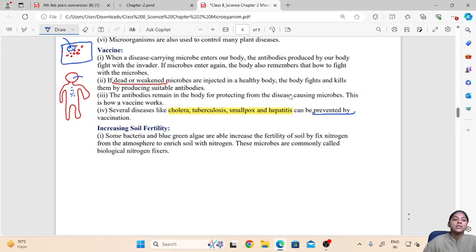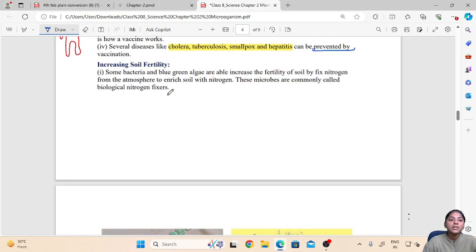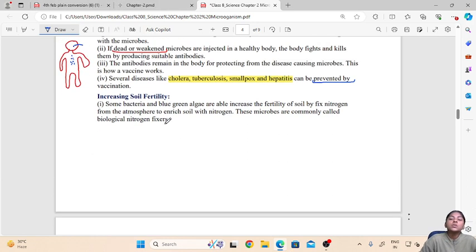Then the next point is increasing the soil fertility. Microbes are also used for increasing the soil fertility. Some bacteria and blue-green algae are able to increase the soil fertility by fixing the atmospheric nitrogen and enriching the soil with nitrogen.